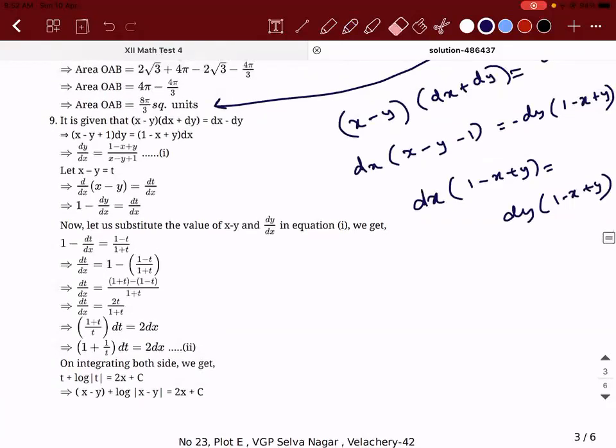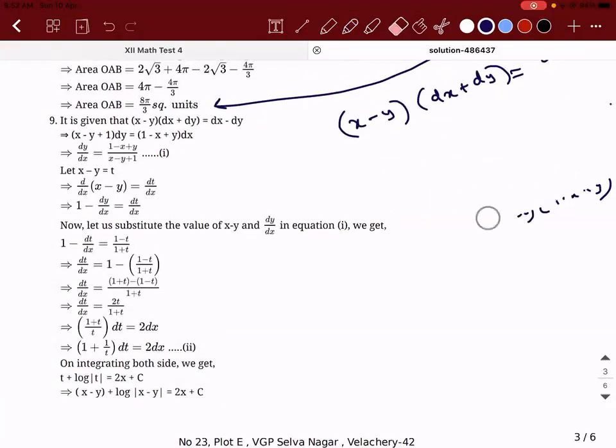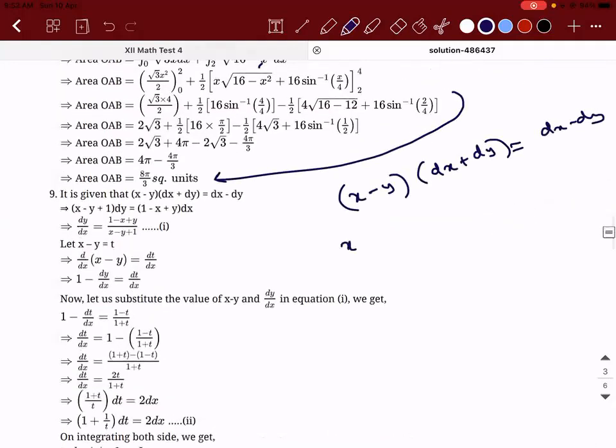Wait, there is a mistake. I'll rearrange it again. x dx plus x dy minus y dx minus y dy is equal to dx minus dy.